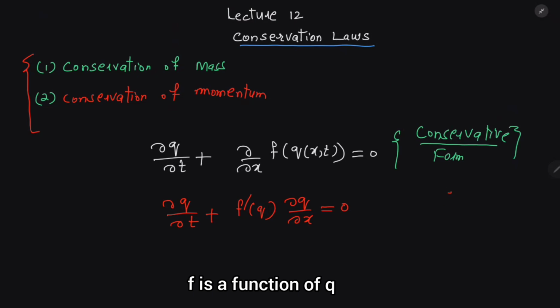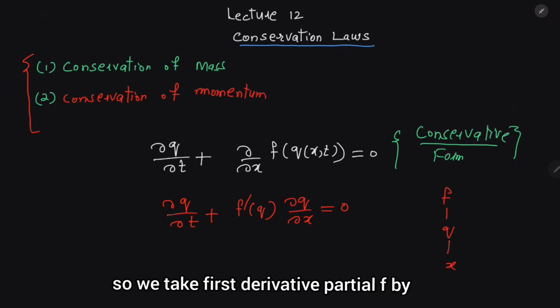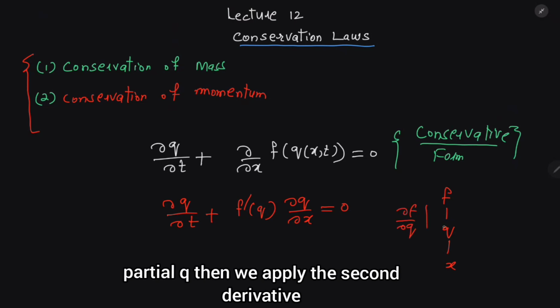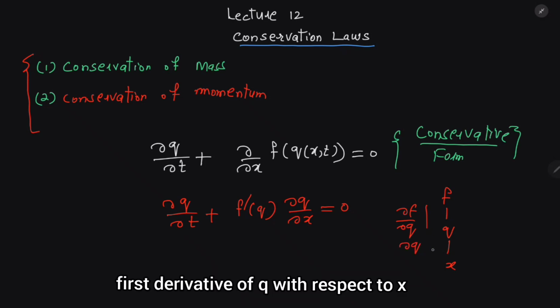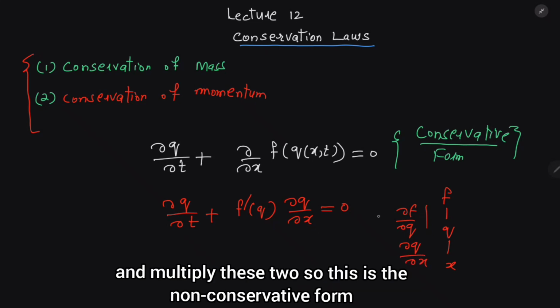F is a function of q and q is a function of x. So we take the first derivative, partial f by partial q, then we apply the first derivative of q with respect to x and multiply these two. So this is the non-conservative form.